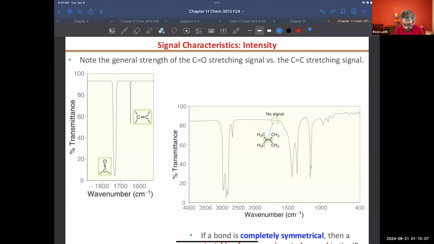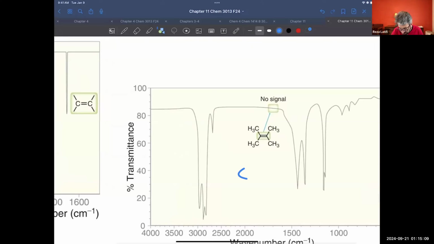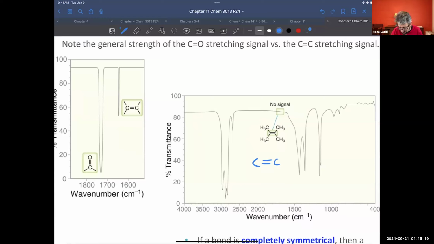So even though we have a double bond between two carbons, I don't see a peak between 1600 and 1800 for the carbon-carbon double bond. Why? Because the molecule is too symmetrical. And what's that peak?